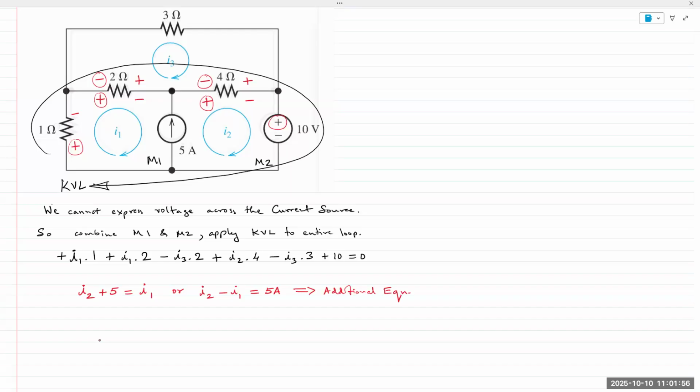Which one? You're talking about I3? I3 appears here for the 2 ohm resistor and for the 4 ohm resistor. Oh, this is an error. That should be 4.